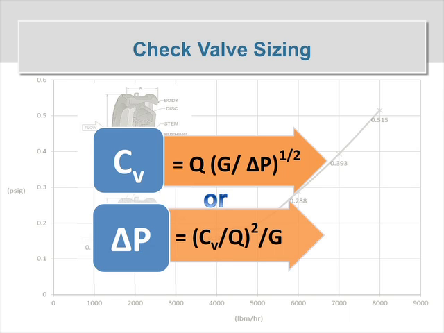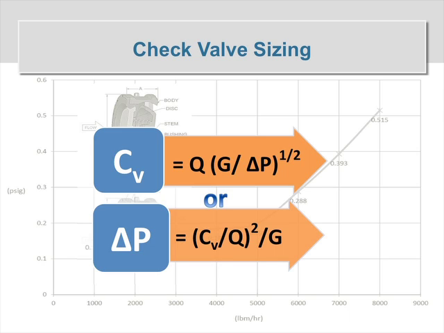If you want to turn this equation around, you can solve for the delta P, or pressure loss, by taking the flow rate Q divided by the Cv, squared, and multiplying that by the specific gravity. There are lots of handbooks available for this. A good one is the Crane Technical Paper 410. It gives you a lot of background information.